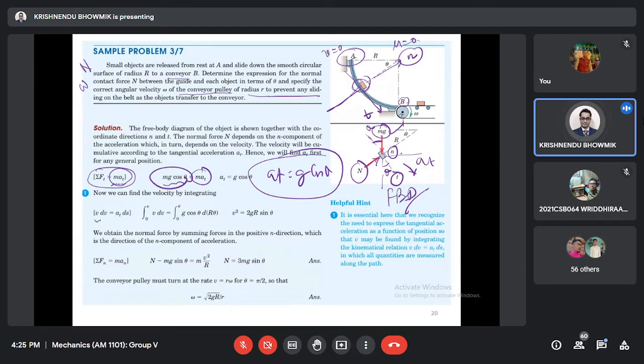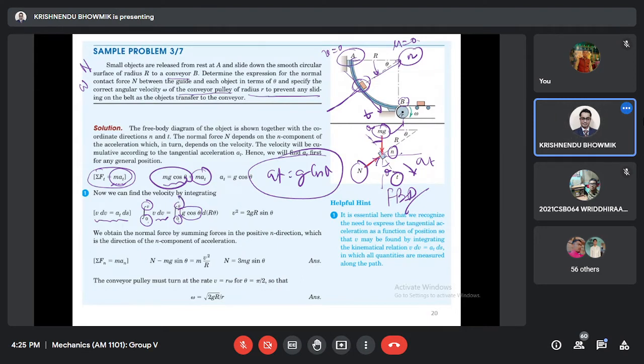Now somebody can use v dv equal to at ds, starting from velocity 0 to some velocity v. Here a_t is the tangential acceleration, and theta varies from 0 to theta.